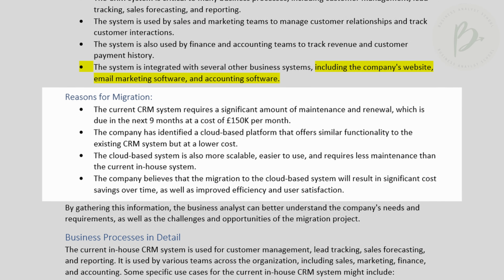The business analyst will also uncover the reason why we are migrating this system, right? Our top reason is that it requires a significant amount of maintenance and renewal. Another part again is that the renewal is due in the next 9 months at a cost of 150k per month.